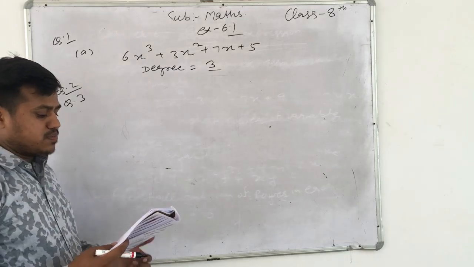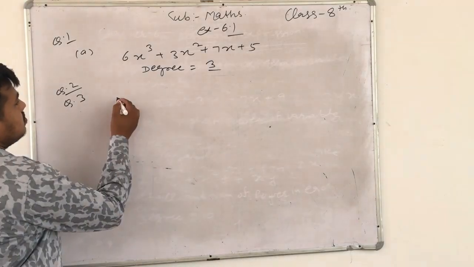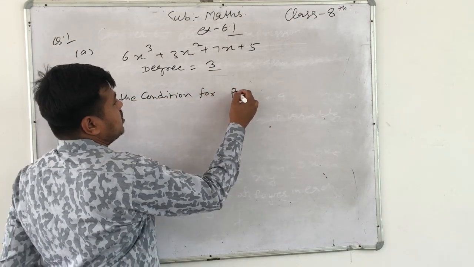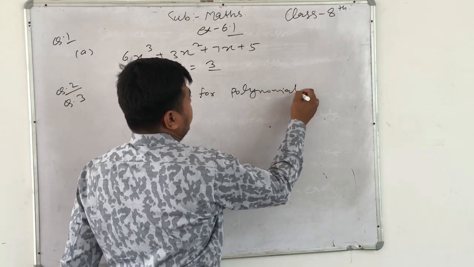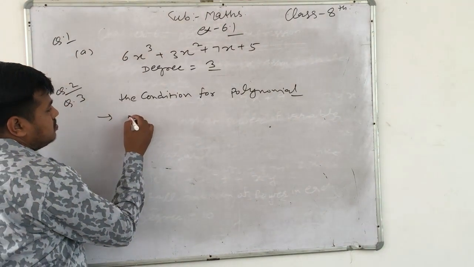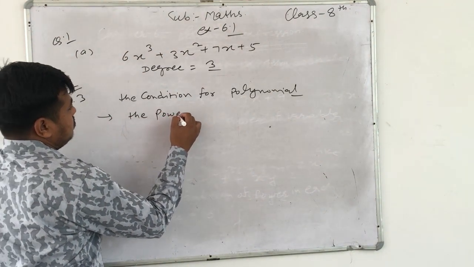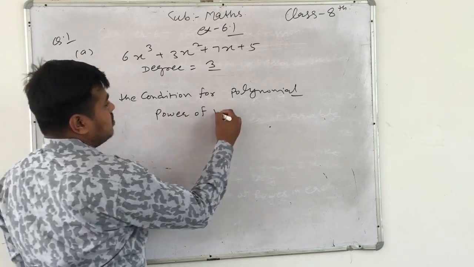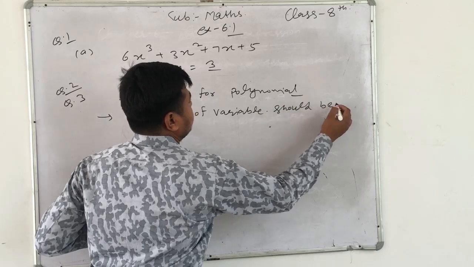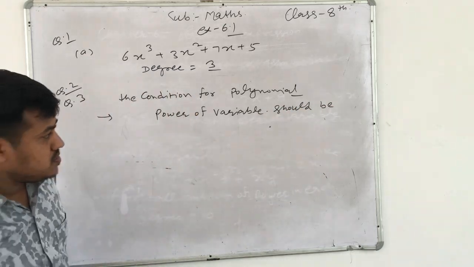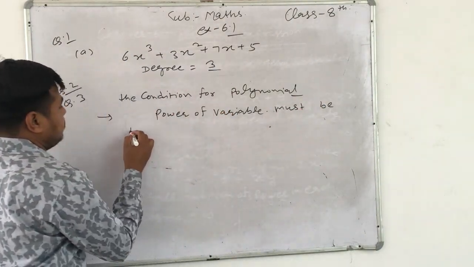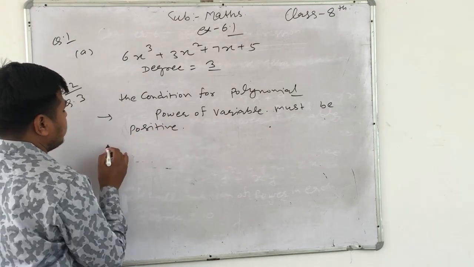Question number 3. Which of the given expressions are polynomials? The condition for polynomial: this part will be left, repeat it again. The condition for polynomial: the power of the variable must be positive.